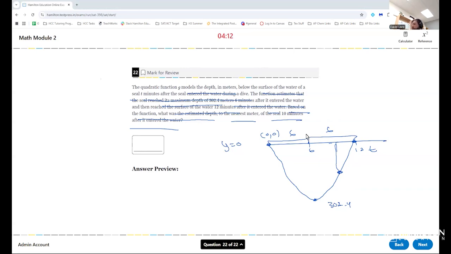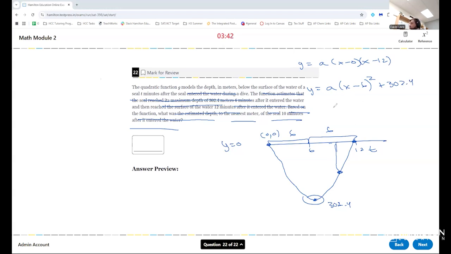What we could do is a factoring approach. Using the fact that we have 2 zeros, the height is equal to a times x minus 0 and x minus 12. And then we could plug in the vertex to find the a value. Alternatively, you can say you have the vertex and do a times x minus 6 squared plus 302.4, and then plug in the 0 to find the a value.